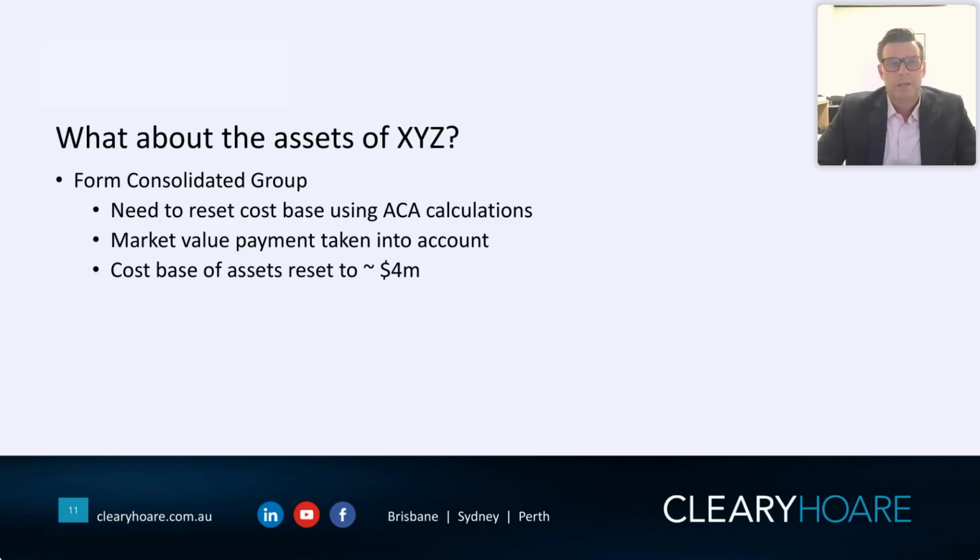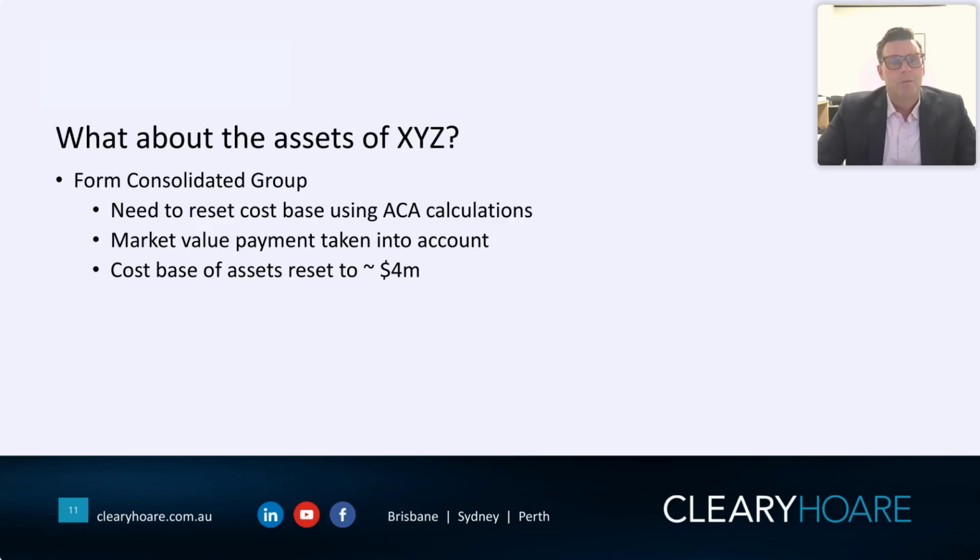You then apply that allocable cost amount to what are known as reset cost base assets. So they are assets that are not things like cash. You can't reset the cost base of cash. And some other assets are also excluded. But in terms of the cost base of all our other assets, they're reset in proportion in accordance to what our ACA calculation ends up.